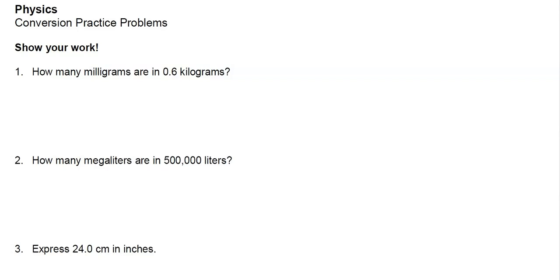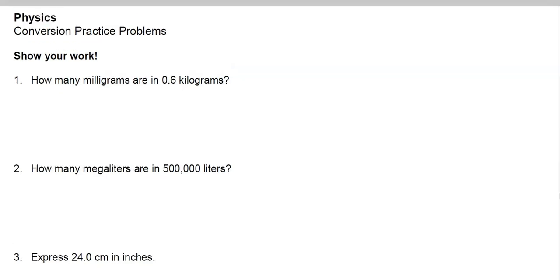So our plan here for number one is to go from kilograms to grams to milligrams, because that's what our conversion factors will help us do. We do not have a way to get straight from kilograms to milligrams, so we can't do that one. Okay, so I'm just going to erase that possibility altogether.